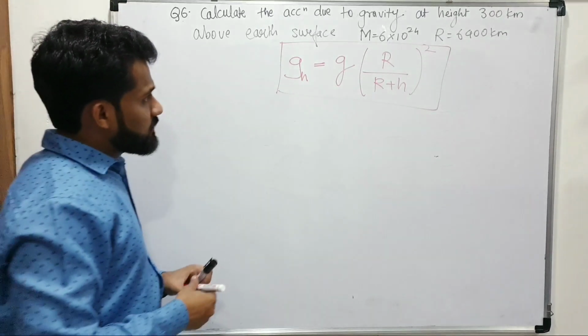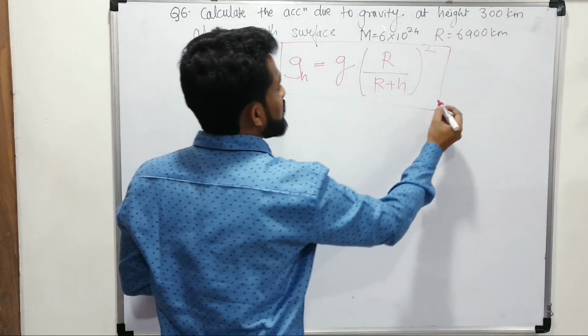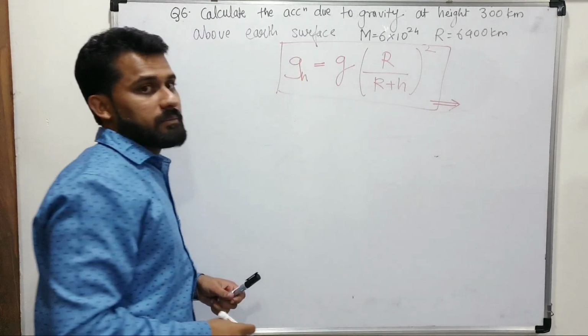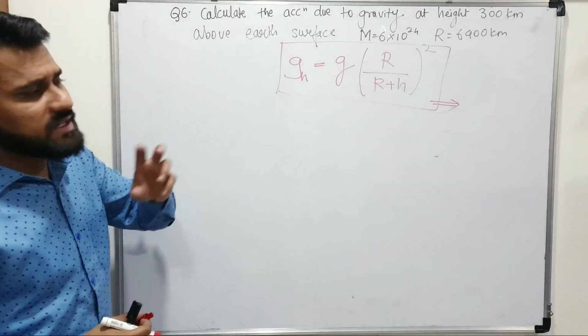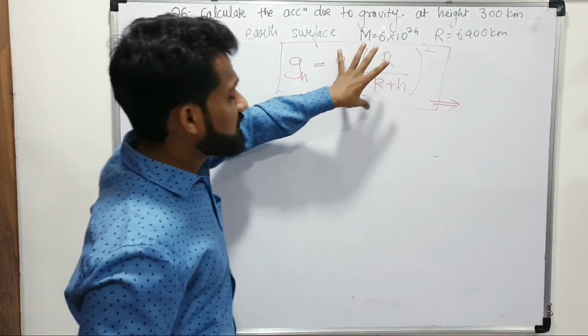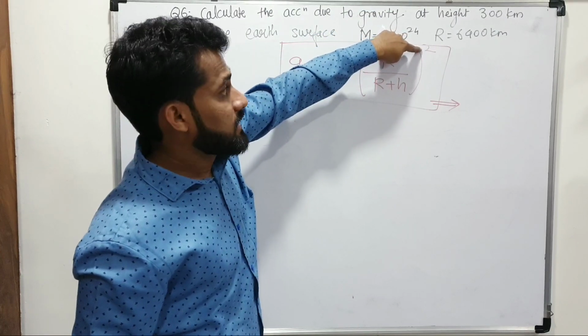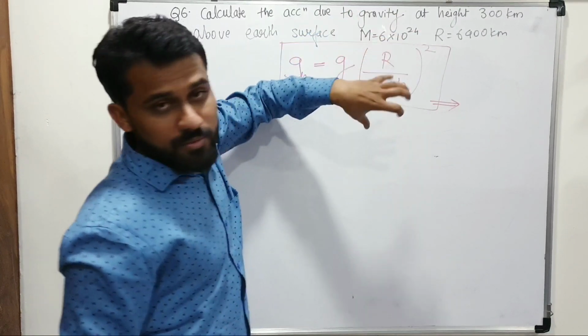But there is one more formula, an approximate version, which is made because if the height given is very small compared to R, we can use it. In the original version you have to square the terms, so using it is slightly difficult.